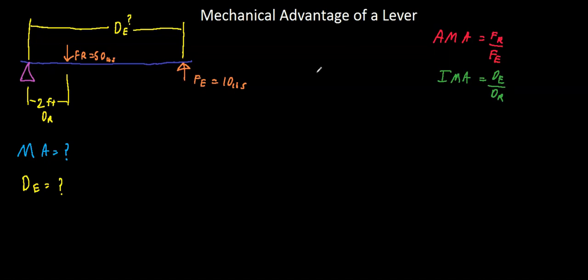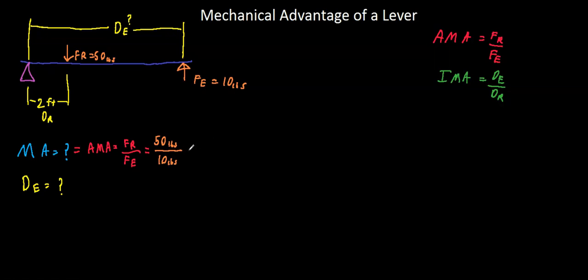And so to solve for mechanical advantage, we need to find out what we have enough for to solve it, and we clearly have two forces, so we're going to use our AMA equation, the actual mechanical advantage equals force resistance divided by force effort, which we know the force resistance is 50 pounds. And we know the force effort is 10 pounds.